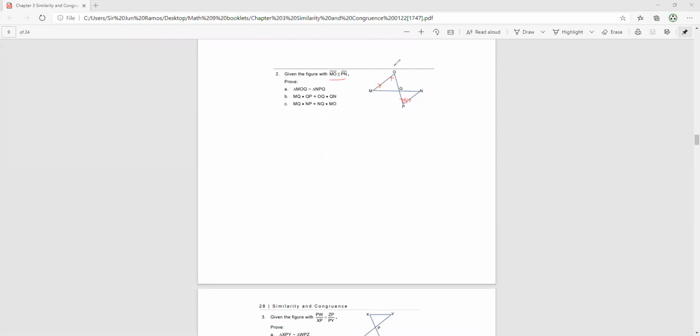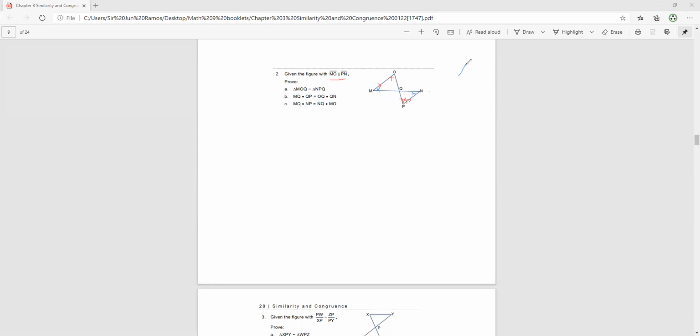That's with respect to this transversal, and with this other transversal, this angle will be congruent with this. So we already have two pairs of congruent angles.